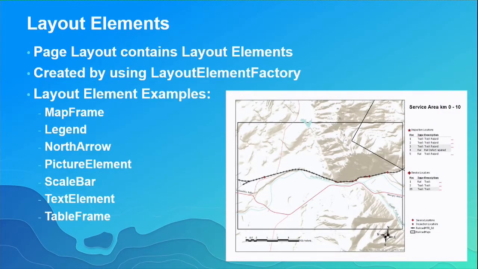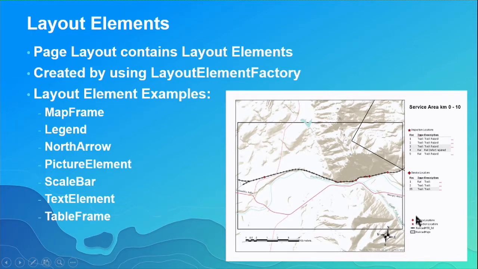So to layout elements, a page layout contains layout elements. You can see on the right side, again, the sample of that. Layout elements are created by using the layout element factory class. And there are some examples of layout elements. One is the map frame. You can see the map frame right here. We have a legend that shows you the symbology used in your map frame. That's right here. We have a north arrow.